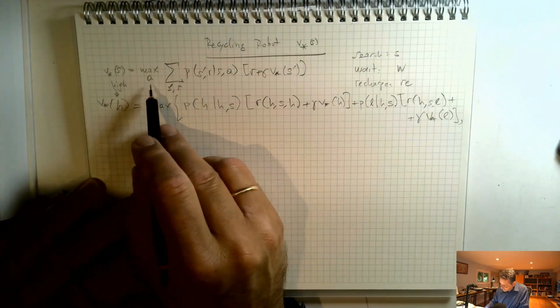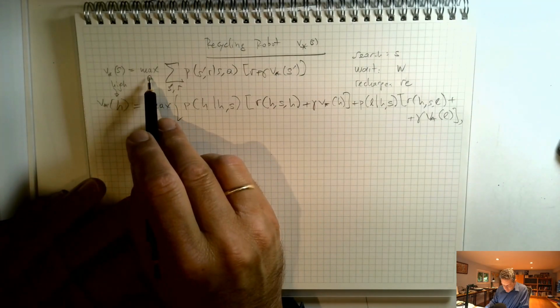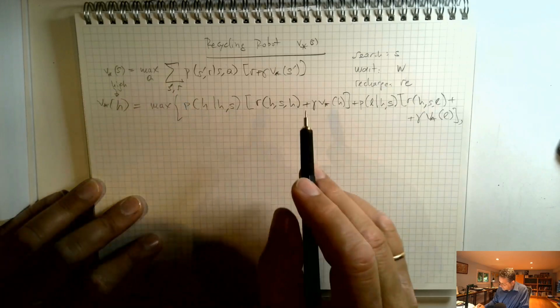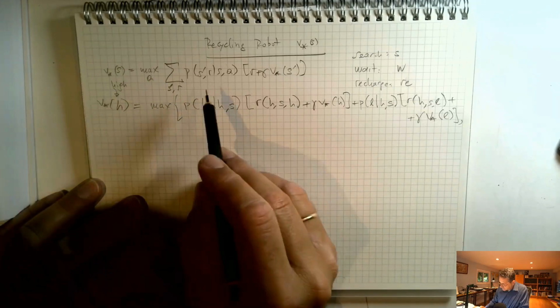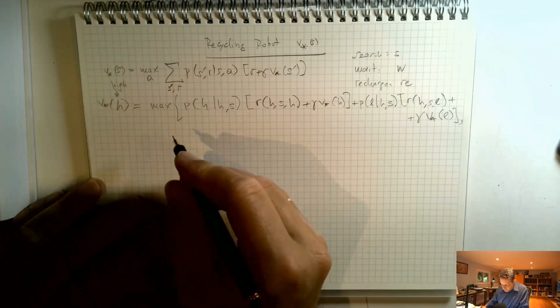and we have the second action. The second action in the high state is to either search or wait. So the second action is wait.